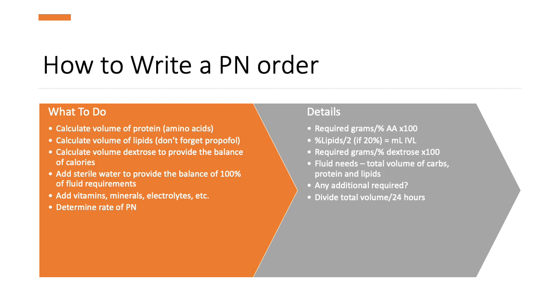Ideally, we're just going to use the multivitamin preparations and the trace element packets. Occasionally, you might have a patient who needs more or less of a vitamin or mineral, but as a general rule, stick to the packets. And then step 8, we're going to add additives such as H2 receptor blockers or insulin. And then step 9, determine the infusion rate.